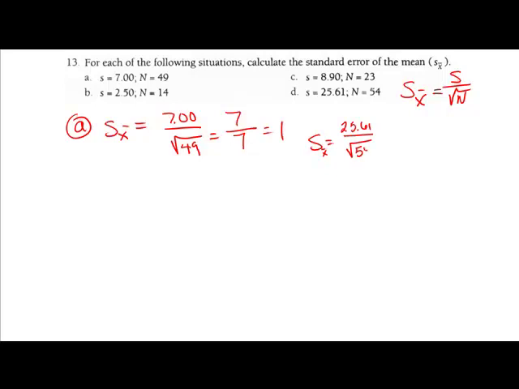Divided by the square root of 54. Might actually have to use my calculator here. So the square root of 54, this is 7.3484, so let's round that up, 7.35. 2561 divided by 7.35, enter, equals 3.4849.